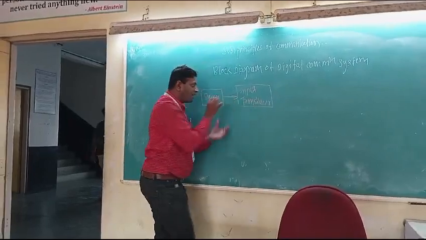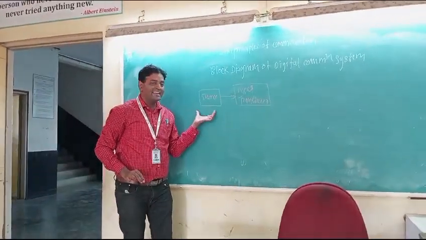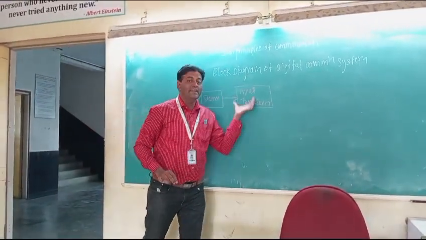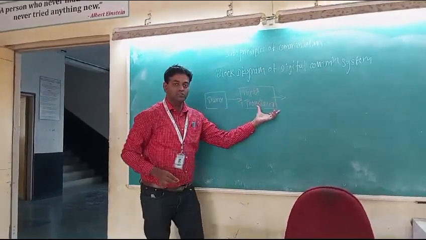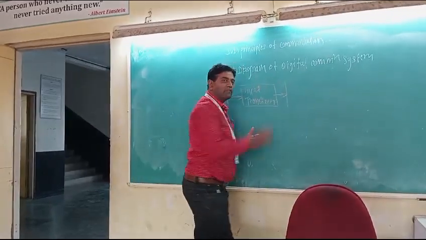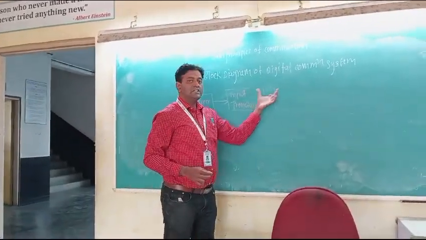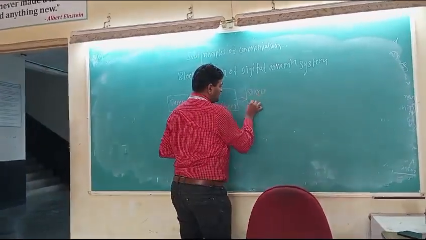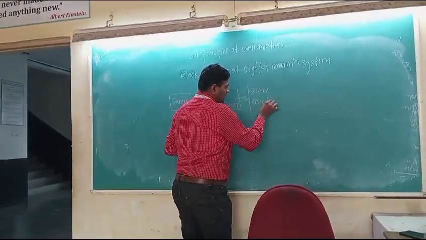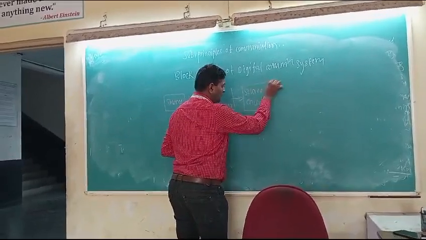The main function of the input transducer is that it converts the physical data into an electrical form, and the output of the input transducer is given to the input of the source encoder.